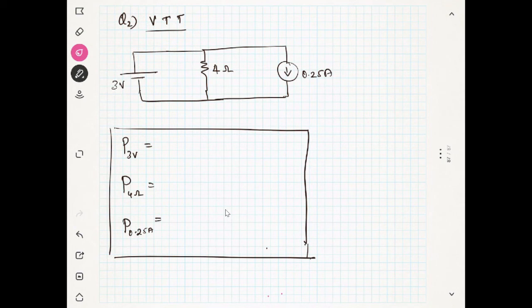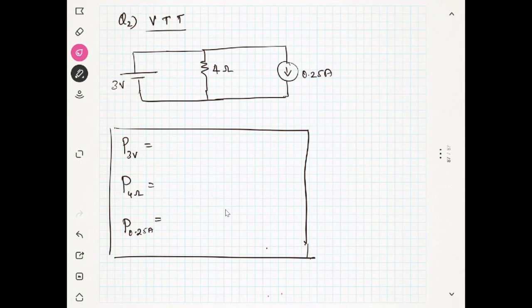It will depend upon other elements in the circuit. Do you remember this point? And for the voltage source, the current through the voltage source can be any value, and it will depend upon other elements in the circuit. So don't forget this.